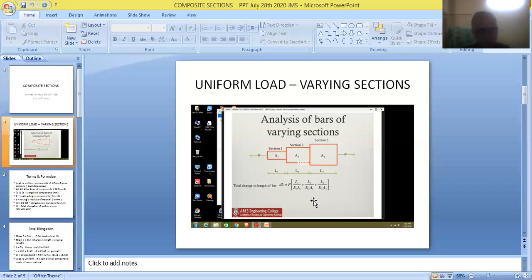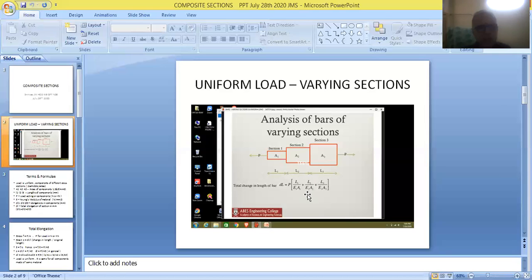Now, as per the equation given in the problem, it implies that this is made of one material, this is made of another material, and this is made of another material. Using different materials for different components may be a rare thing. So let us assume that all of it together is a composite section, made of the same material.